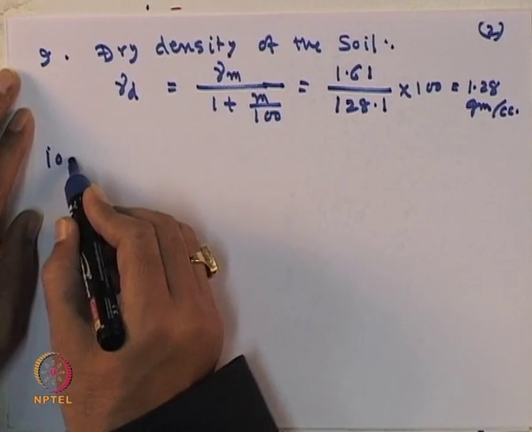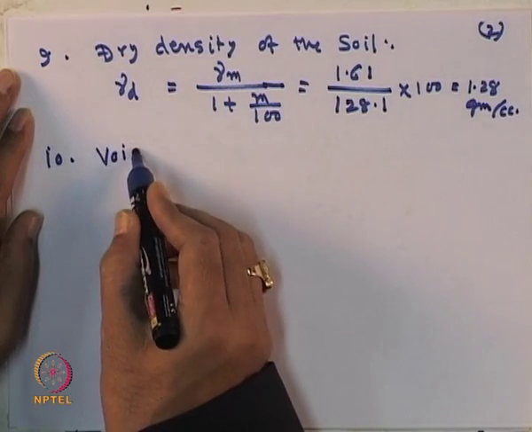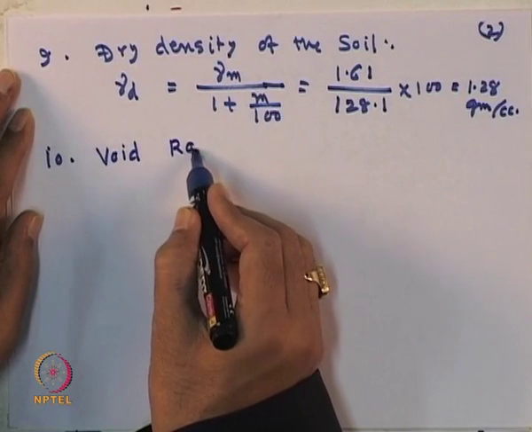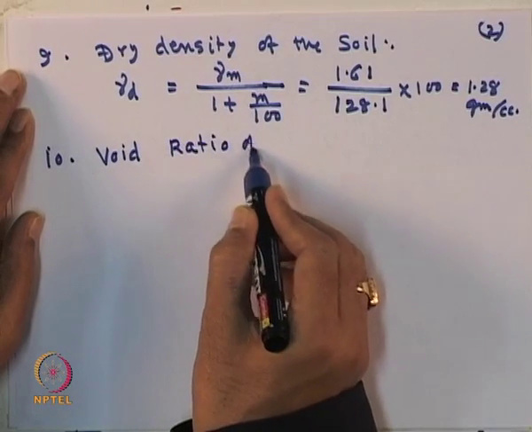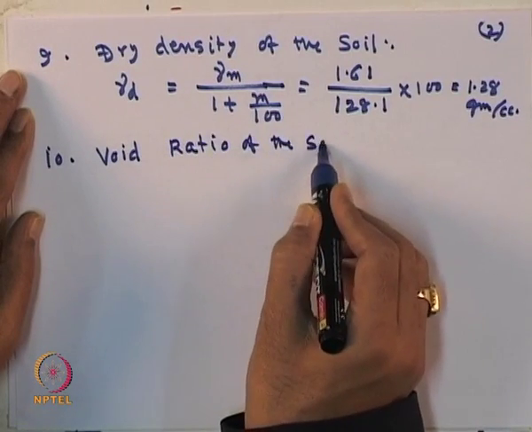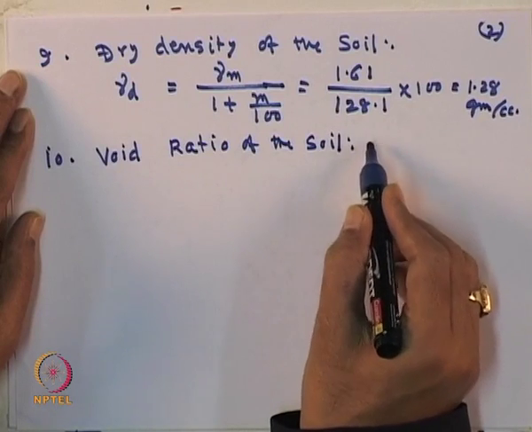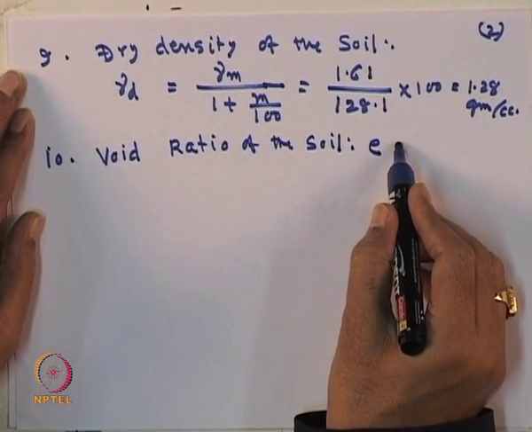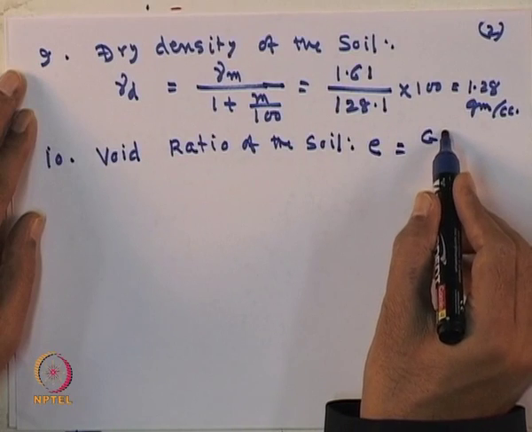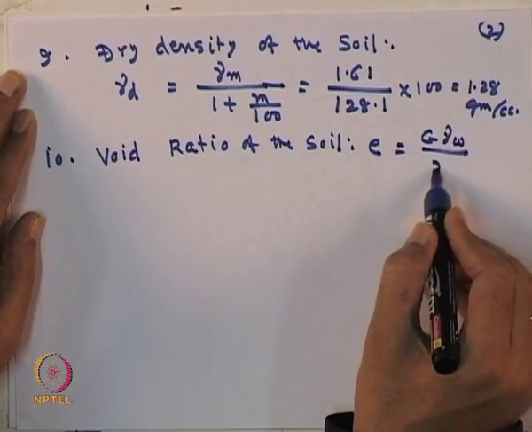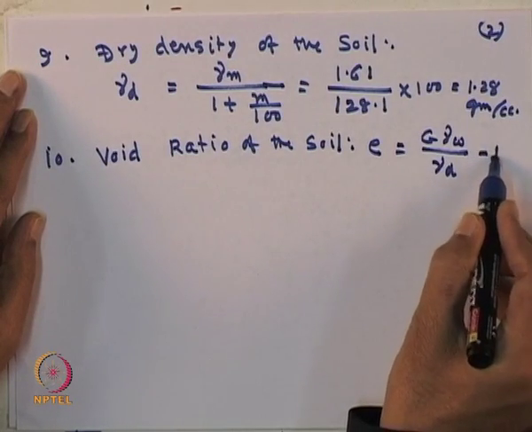Then you can calculate the void ratio of the soil. That is e equal to G gamma W divided by gamma D minus 1.